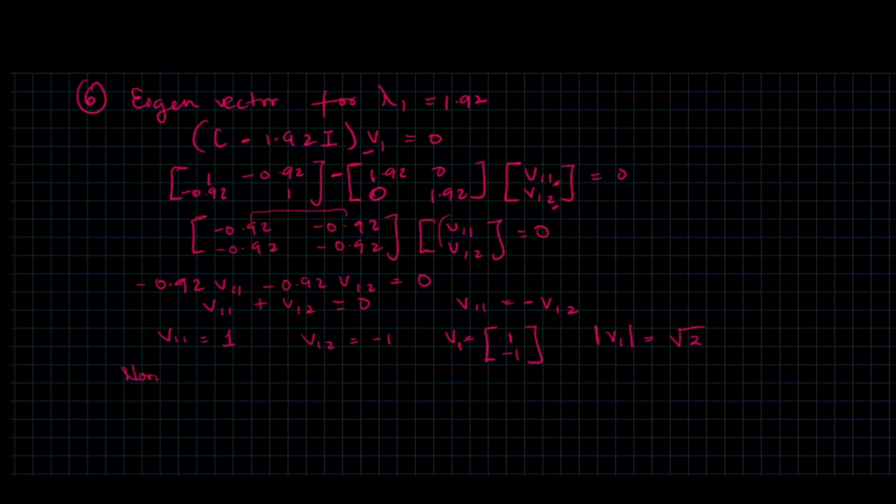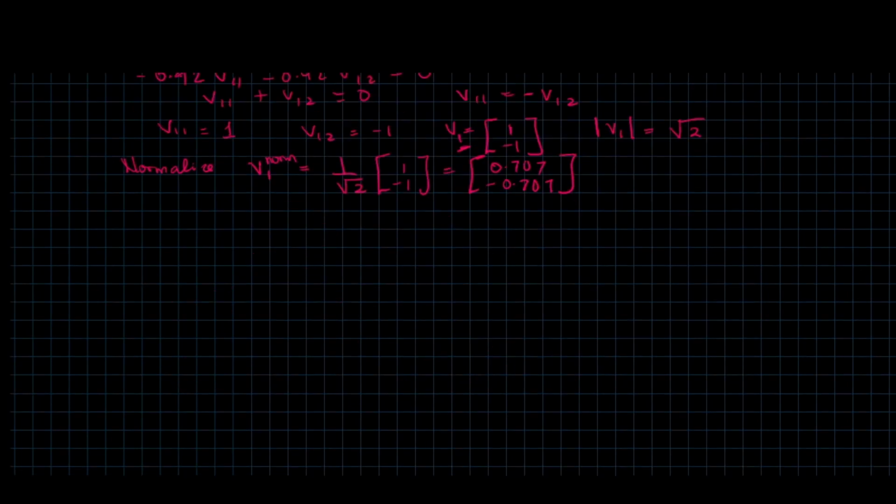Now you have to normalize the V1. That will equal 1 over root 2, that's 1 over the magnitude, times the eigenvector of 1 and minus 1. This will give you 0.707 and minus 0.707.